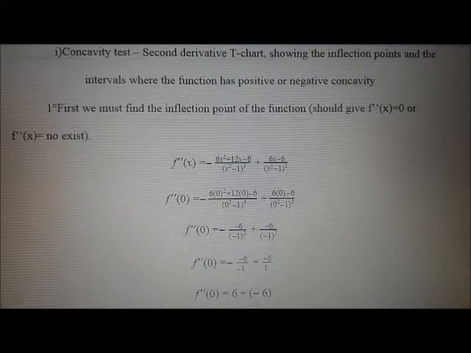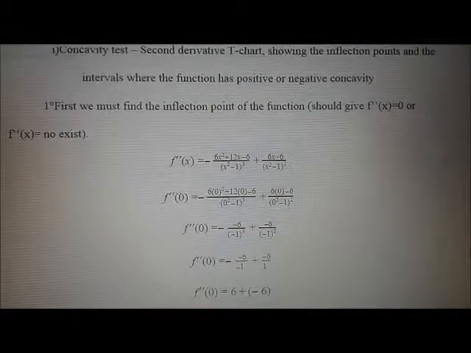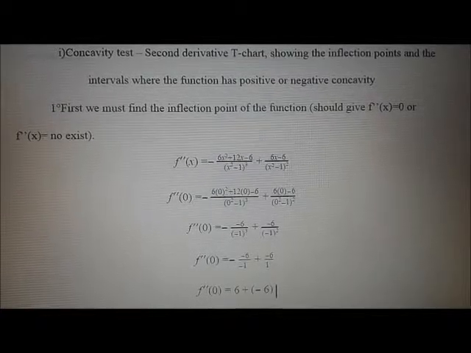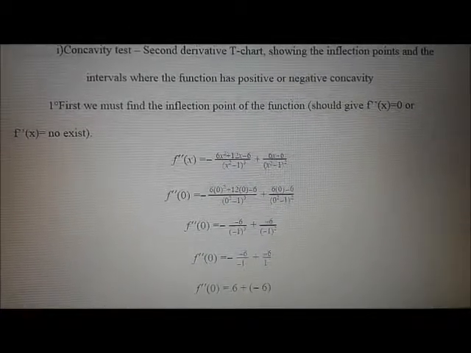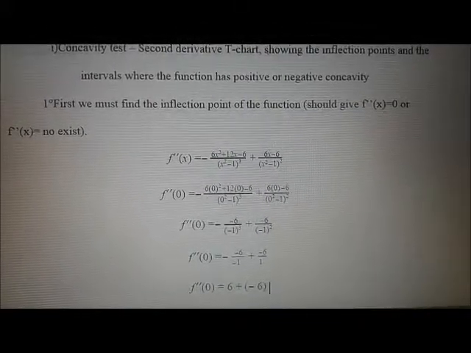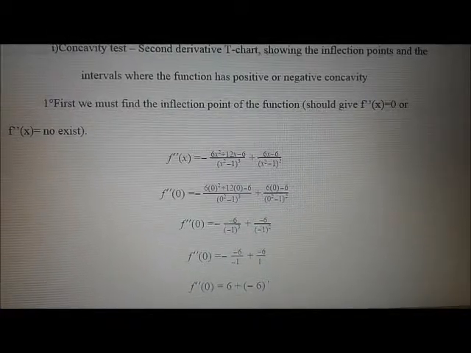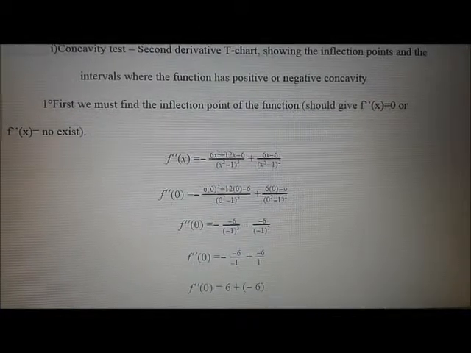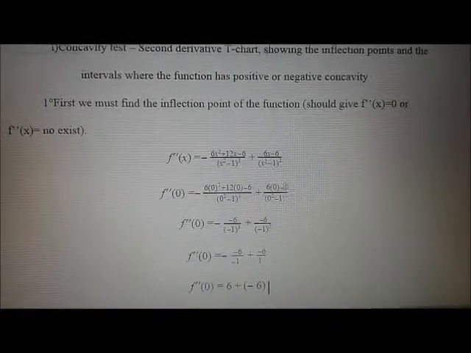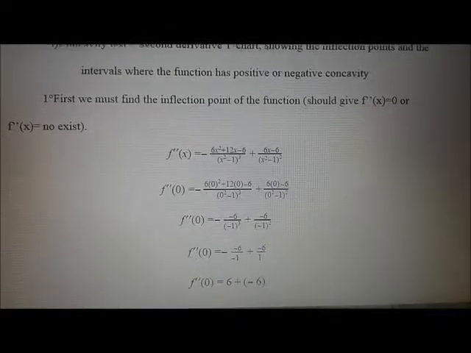Next we need to use the second derivative for the concavity test. That means we need to find the inflection points and the intervals where the function has positive or negative concavity. First, we must find the inflection point of the function. So set the second derivative of x equal to 0, or the second derivative of x does not exist.